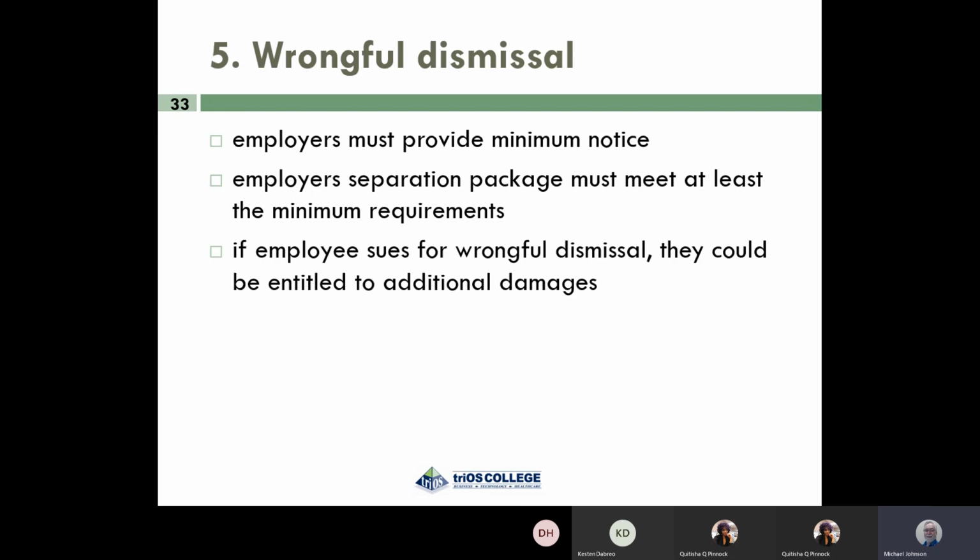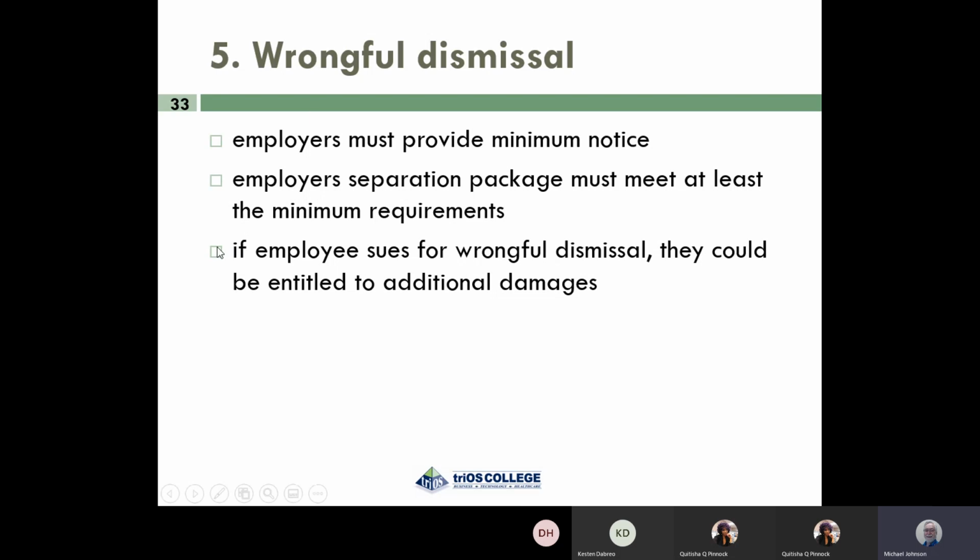If the employee sues for wrongful dismissal, which definitely can happen, they could be entitled to additional damages. Punitive damages are often given, and also pecuniary damages are often given. So you can actually have multiple types of damages paid out to this individual simply because they lost their job.